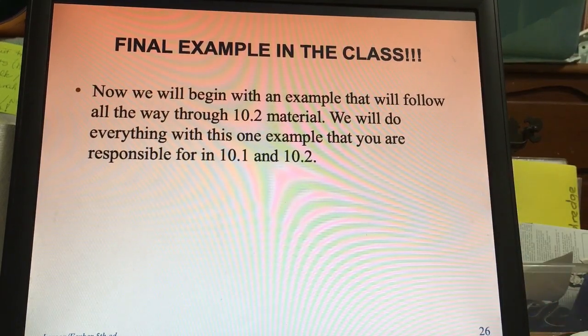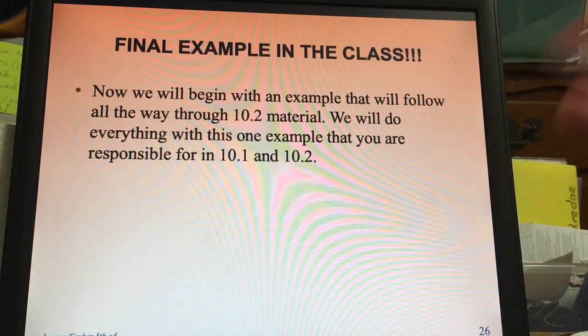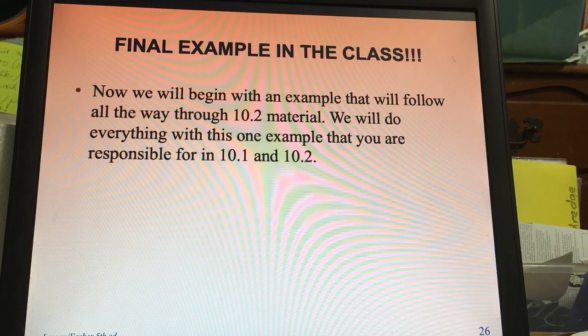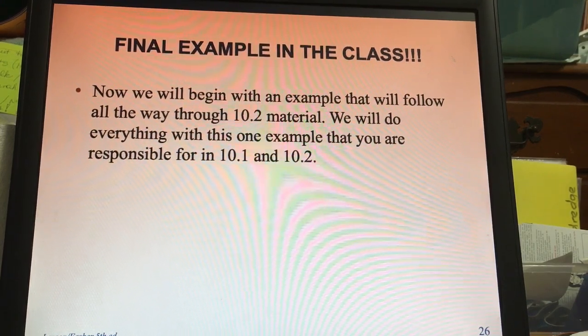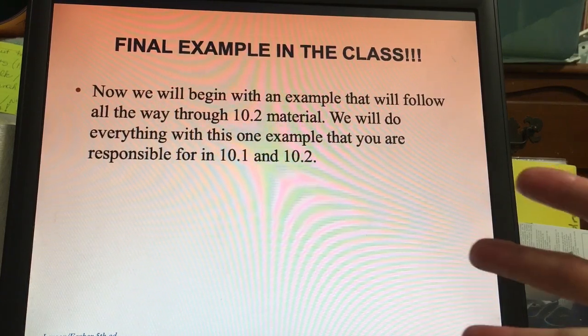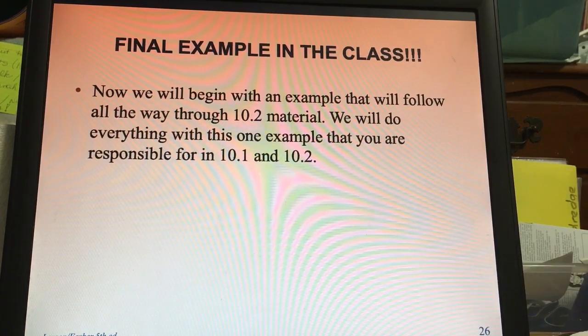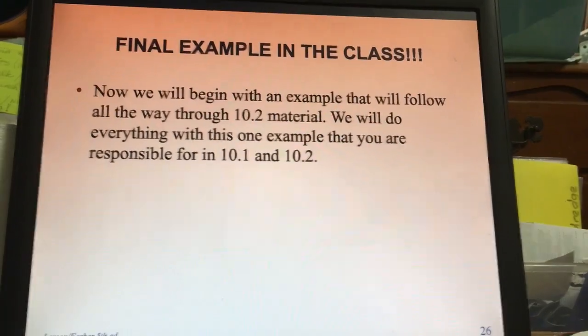But now we're going to add how to find a regression line and how to use that regression line to make predictions. So this is your final example in the whole class, and I wanted to give you that little ta-da moment so that you would know how excited I am.